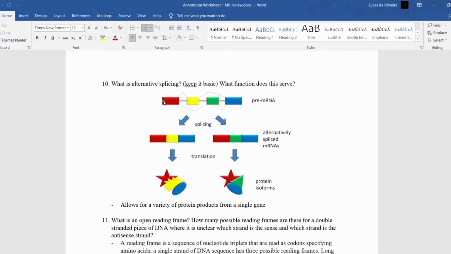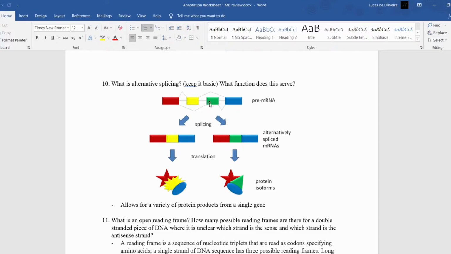So you have your red, yellow, green, and blue. Let's say that here we want to splice out this green exon. So instead of just the introns getting removed, the whole entire green exon in addition to the introns will get taken out. So then you'll have this version of the mRNA transcript where it's missing one of the exons.